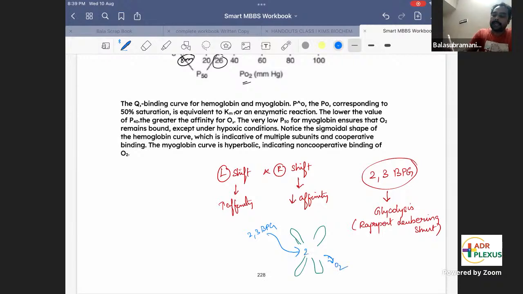So 2,3-BPG basically decreases the affinity of Hb to oxygen. It is always called the oxygen unloader. You must understand that.